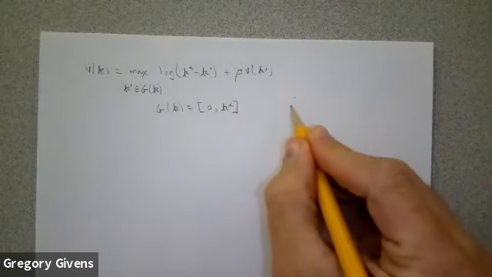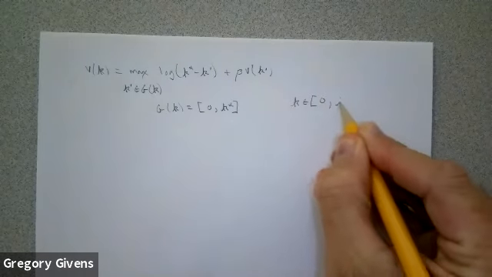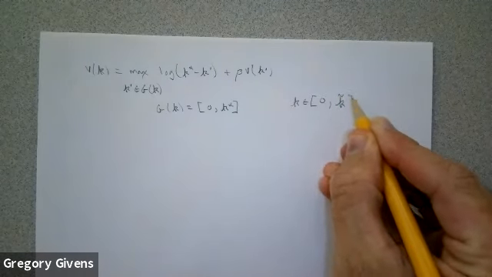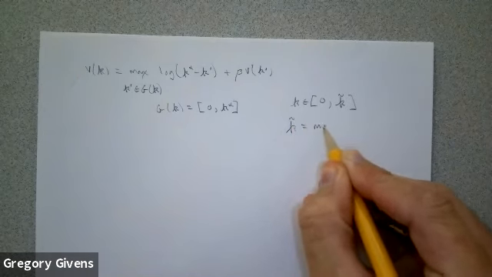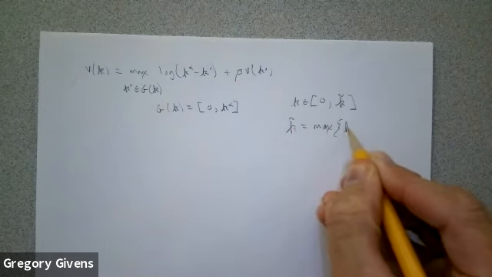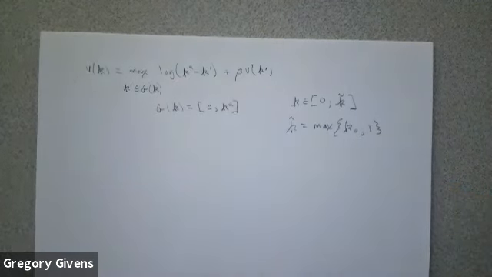We know that k has to be some element of 0 to, what do we call it, k tilde, where k tilde, I think, was defined as the max of either initial capital or 1 in this case, which was the highest sustainable level of capital if we consume nothing forever, right?